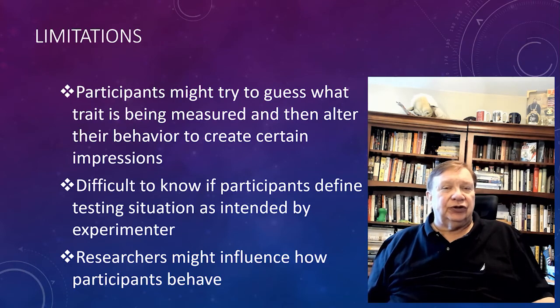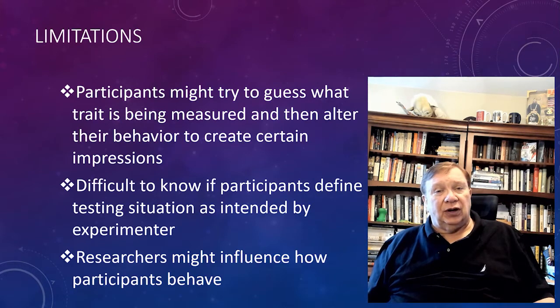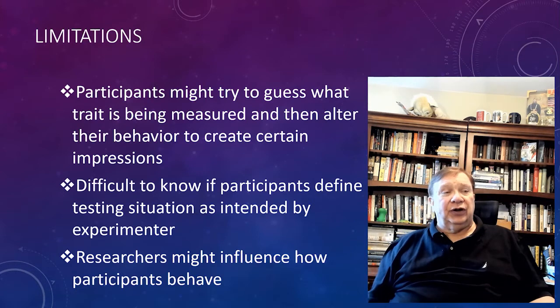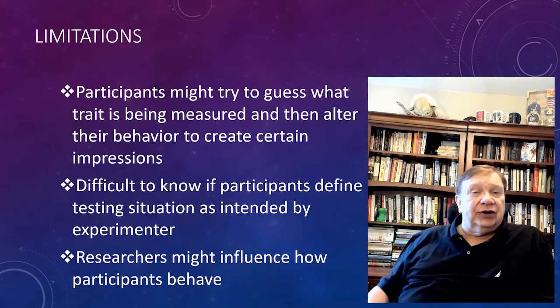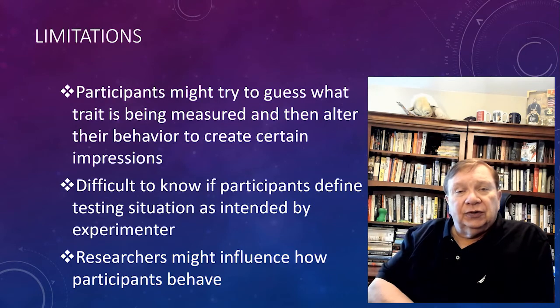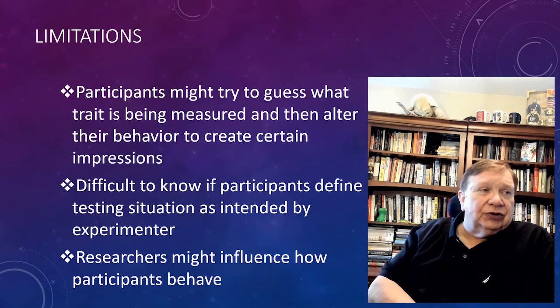Every intro psych student thinks that every study they're going to participate in is a deception study, and they're usually disappointed when they're not. You have to make sure your participants are interpreting the same information the same way the experimenter intended them to perceive it.